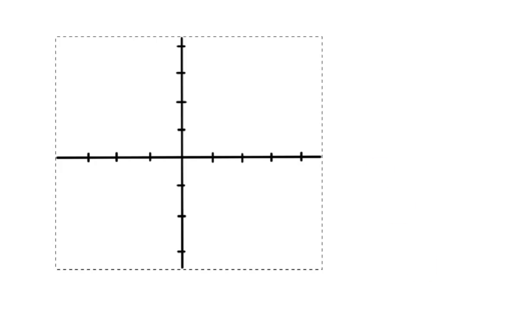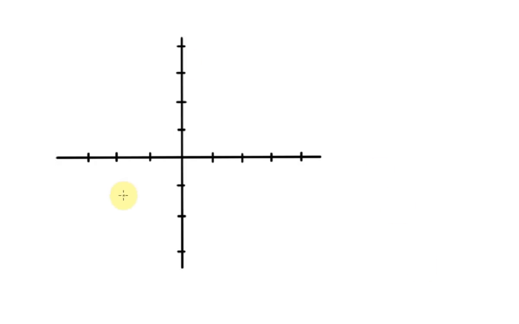Now that I've got the grid, let's plot these points. Some of my points are almost off the grid, so we'll do the best we can. My first point is at negative 2, 2. Then I have negative 4, 0.